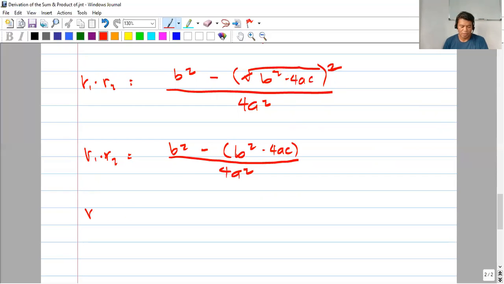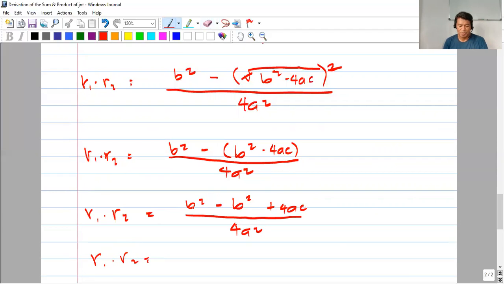So r1 times r2 is now b squared, negative b times b squared is negative b squared, or minus b squared, and negative times negative 4ac is positive 4ac, all over 4a squared.